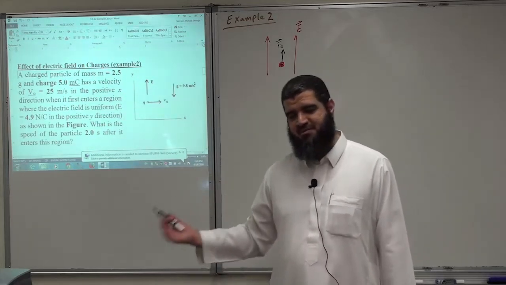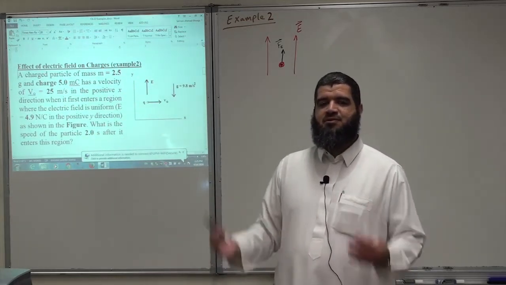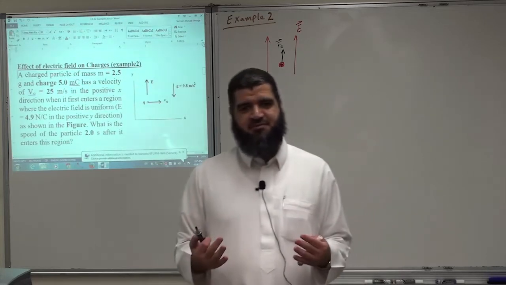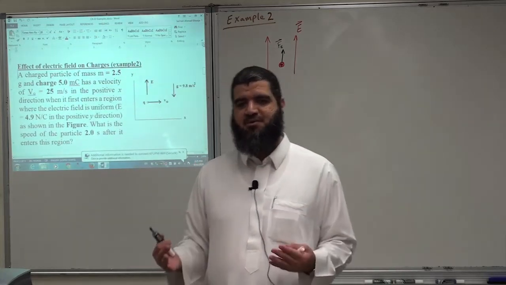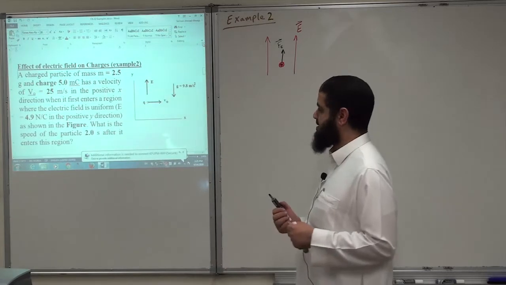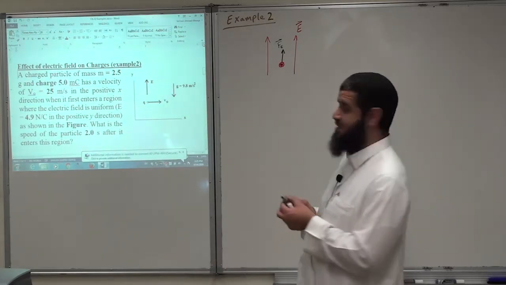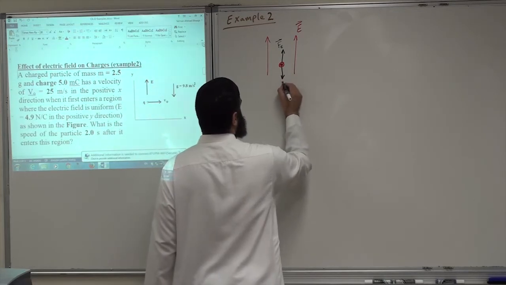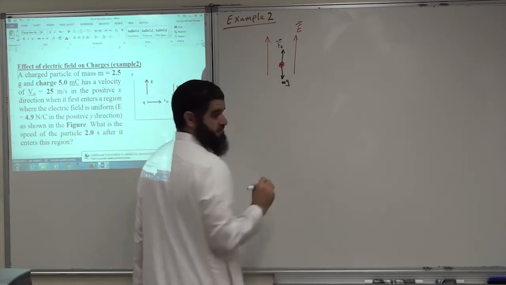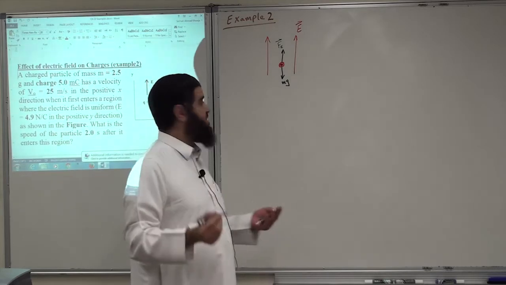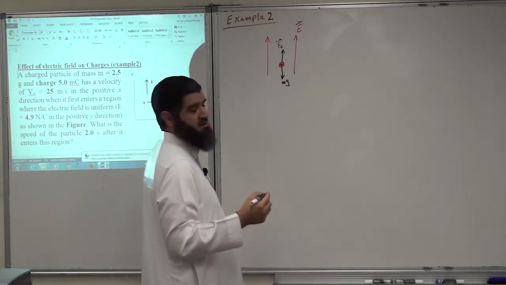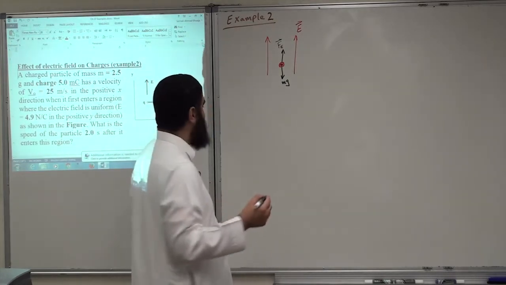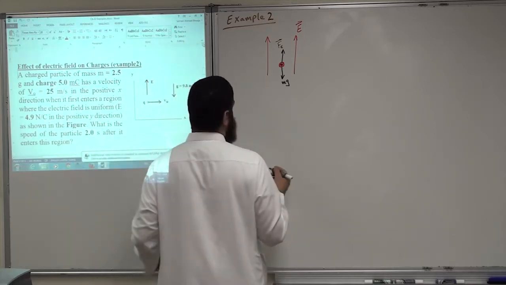If you remember, in the previous example, I didn't talk about the gravitational force, because it is negligible when compared with the electric force. But now we cannot neglect the gravitational force. So there is gravitational force downward here. This is mg. If we know the acceleration, then we can decide about the final speed which he's asking about.